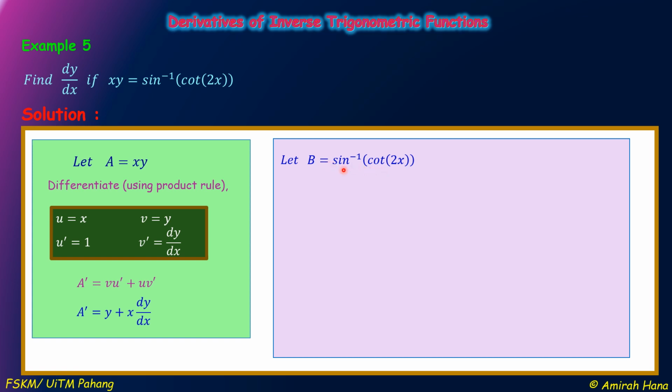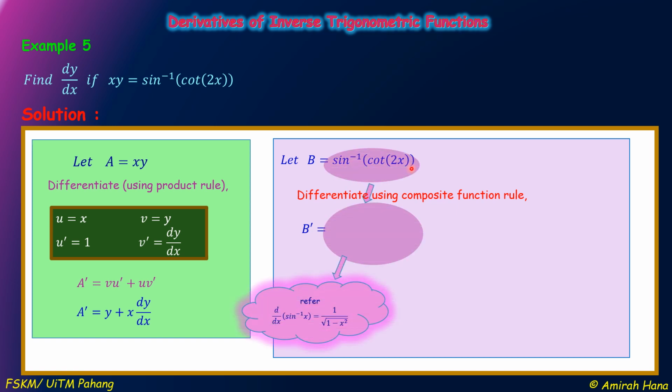So to differentiate inverse sine cot 2x, we cannot use the product rule, but we need to differentiate using the composite function rule. When we differentiate b, the symbol is b prime.